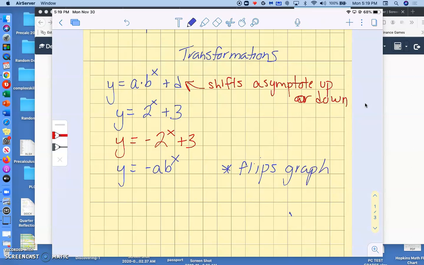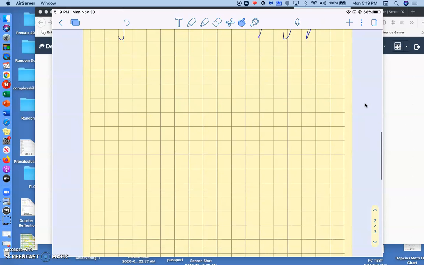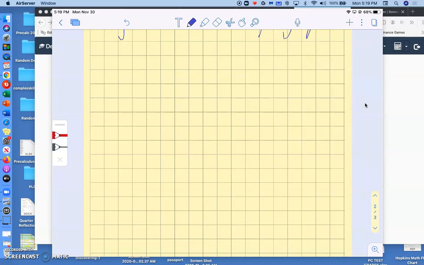And we're going to learn we should just be able to look at some graphs and know the general shape. Because we're going to be able to use a calculator to graph these. So for example, let's say we had y equals -3 times 2 to the x.